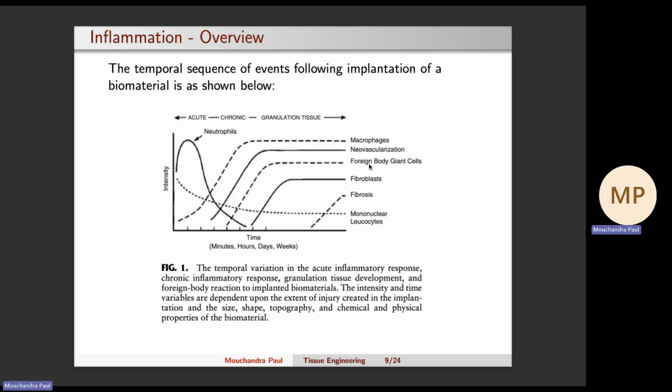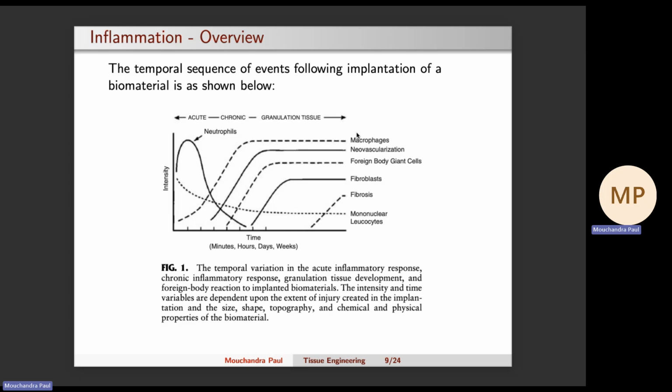Simultaneously, if our implant is of very big size and cannot be phagocytosed by the macrophages, they will start fusing with each other and create foreign body giant cells. When you monitor this process over a very long period of time, you'll see that towards the end, the number of foreign body giant cells is also at its highest.